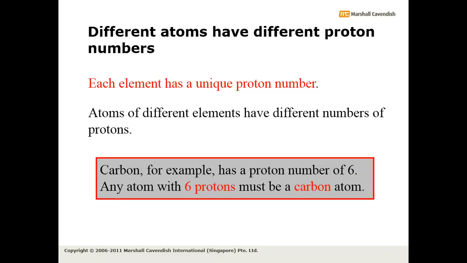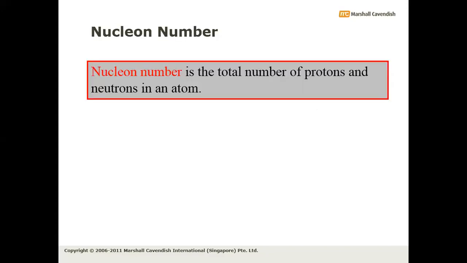If an atom has 6 protons, it is always carbon, only and only carbon. If an atom has 1 proton, it is only hydrogen. If it has 2 protons, it is only helium. If it has 3 protons, it is only lithium. So every element has a distinct atomic number, or number of protons, and no other element can have the same number of protons. It is a very distinct property of an element.